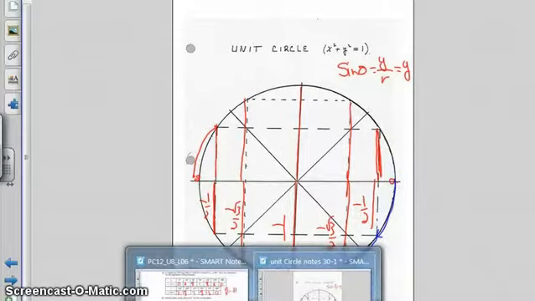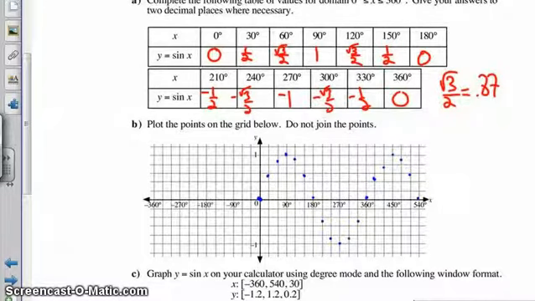So when we look back at the picture and we plot these, minus 30 degrees, 0.5, 60 degrees, 0.87, minus 1, 0.87, 0.5, 0, 0.5, 0.87, 1, 0.87, 0.5, and when we graph it, we get a nice smooth curve like this.